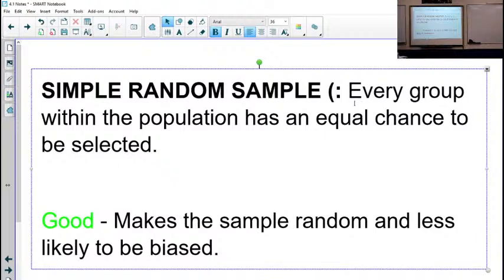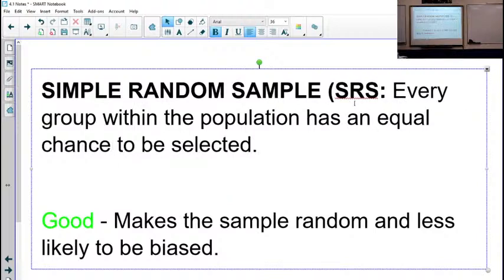Simple random sample, abbreviated SRS. And the idea of the random sample is that every individual has an equal chance of being selected. That's what we want to create. Every individual having an equal chance of getting selected.